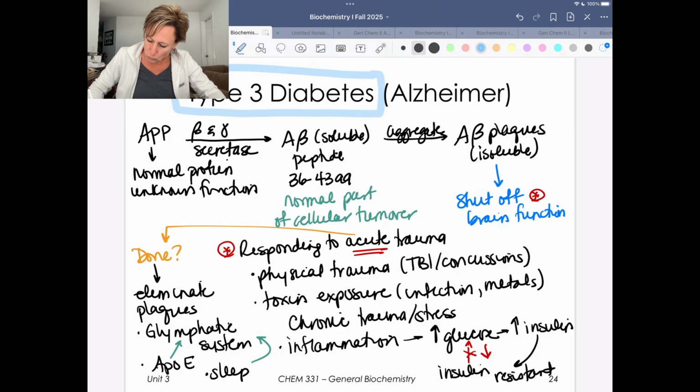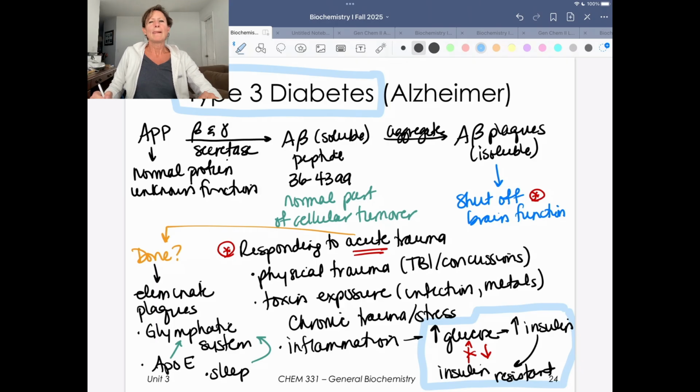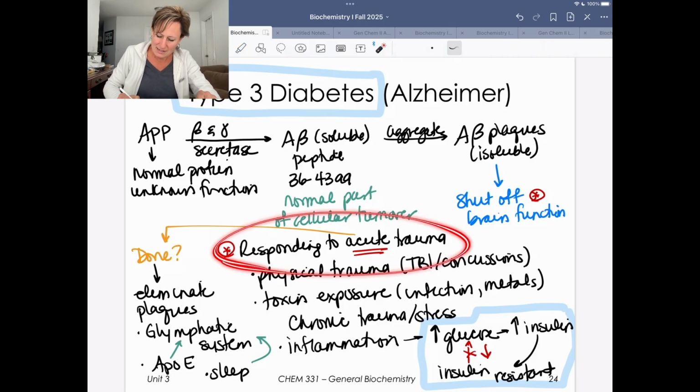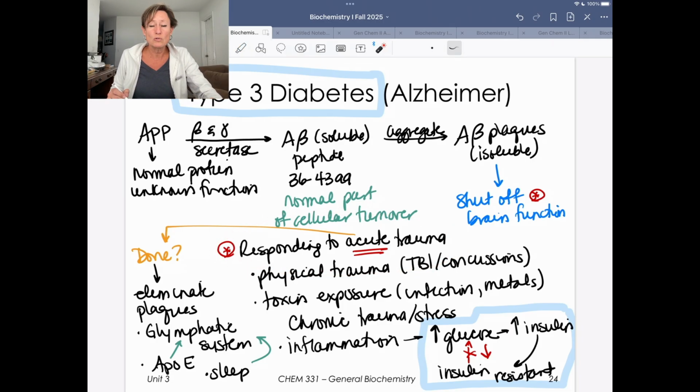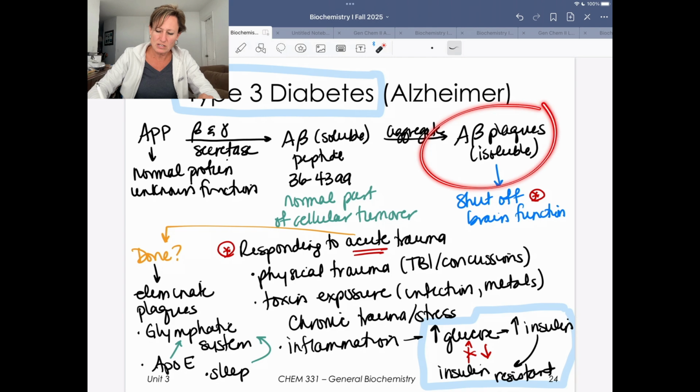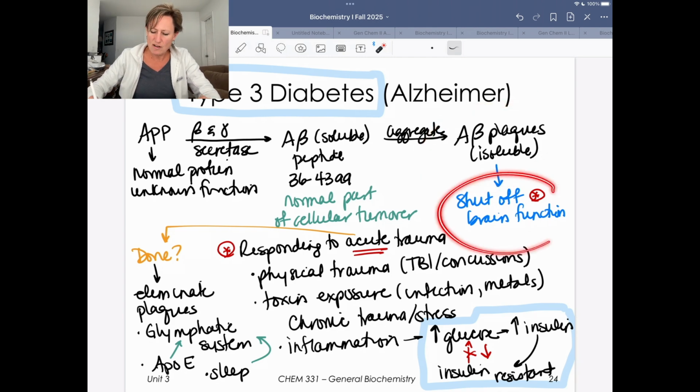So really, insulin resistance, which is what we know to be type 2 diabetes, really causes chronic inflammation. That chronic inflammation is essentially something that can get your brain to think that it's responding to inflammation that is unfortunately in a chronic state. So you still are going to produce these A beta plaques. It's going to shut off brain function.